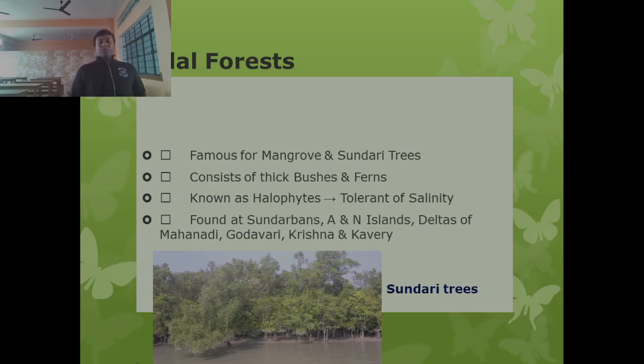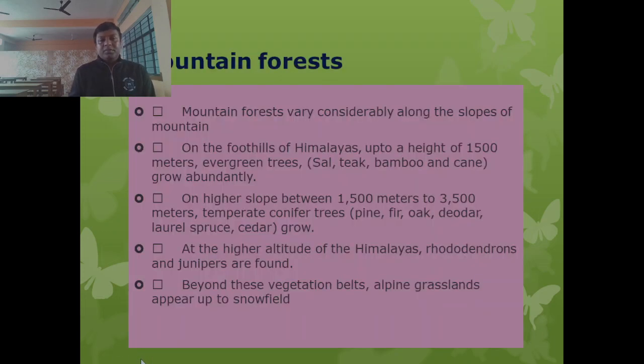The famous mangrove tree is the Sundari tree, and this area is known for halophytes, that means tolerant of salinity in the soil. In this part we have thick bushes and ferns also. In this area we have the Sundarbans, Andaman and Nicobar Islands, and the deltas of the Mahanadi, Godavari, Krishna, and Kaveri. These are the Sundarbans in this picture.